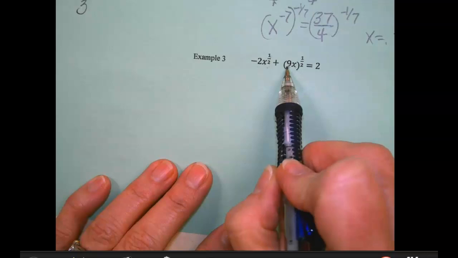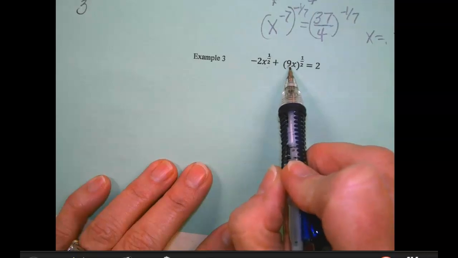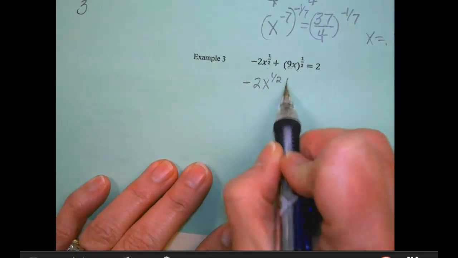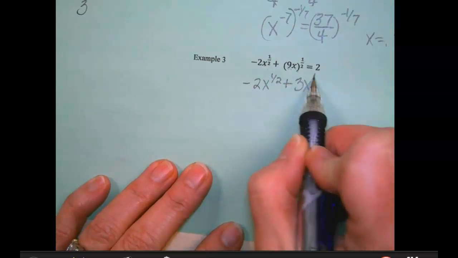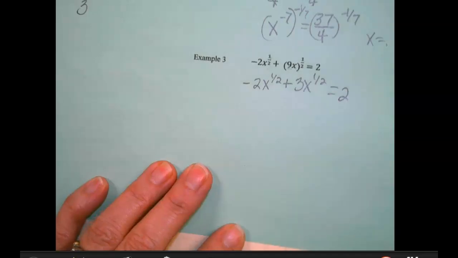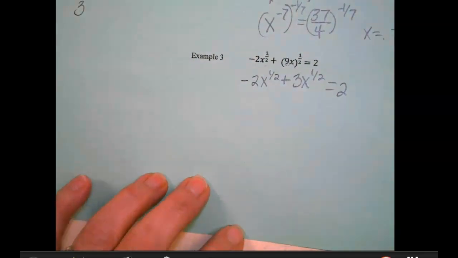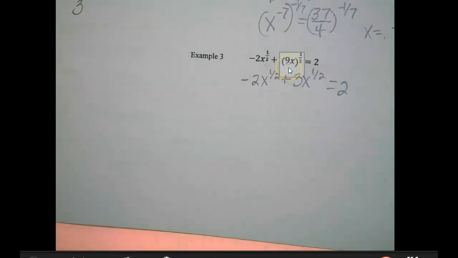So this one, what is the square root of 9? 3. So now I have minus 2x to the 1/2 plus 3x to the 1/2 equals 2. And I did that because the 9 was inside, but the negative 2 is on the outside. So I didn't take the square root of that, only the 9.